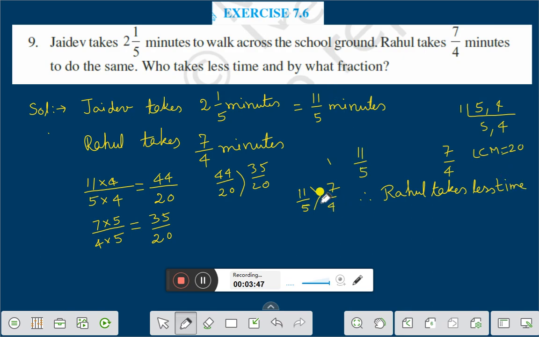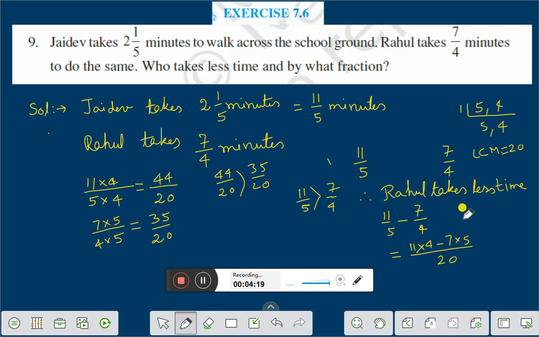And by what fraction? I have to subtract this one. That is 11 by 5 minus 7 by 4. This is 4. What is the LCM? LCM is 5 4s are 20. If we divide 20 by 5, that is 4, 11 into 4, minus, you divide 20 by 4, that is 5, 7 into 5.